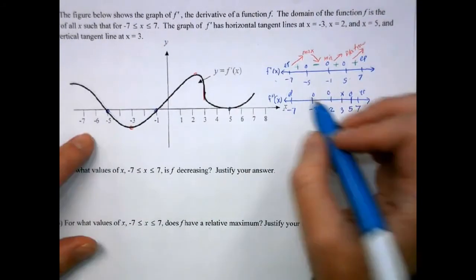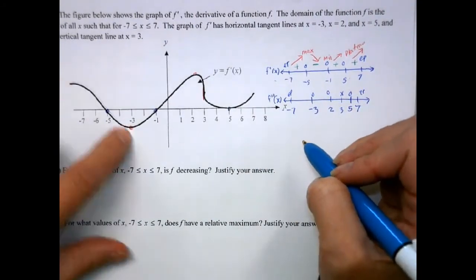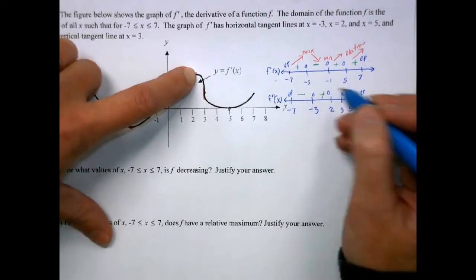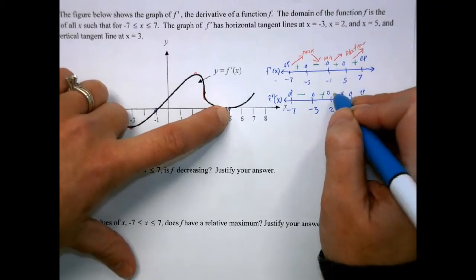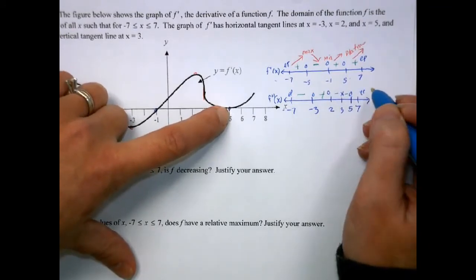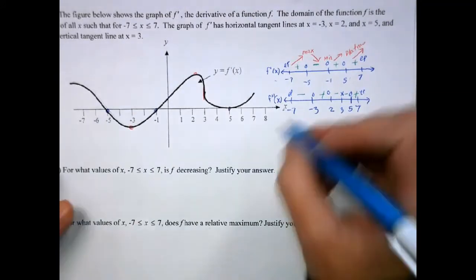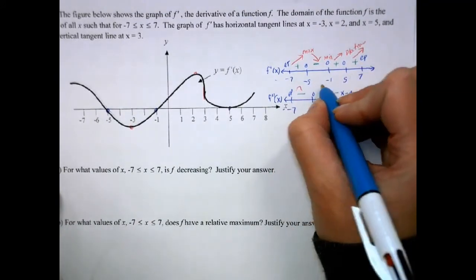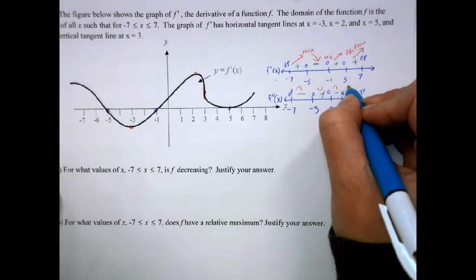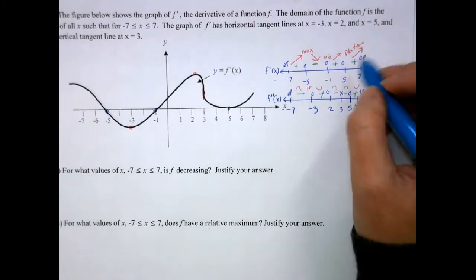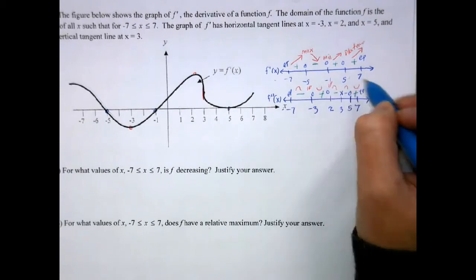So for my slopes, we're decreasing to -3, then we're increasing to 2, then we're decreasing to 5, so decreasing, decreasing, and then increasing. So this tells me concavity: concave down, concave up, concave down, concave down, concave up. And we have inflection points anywhere where the concavity changes.